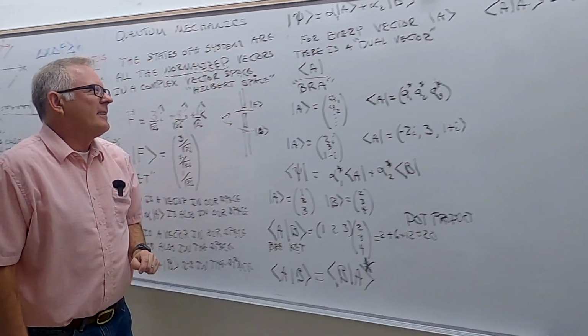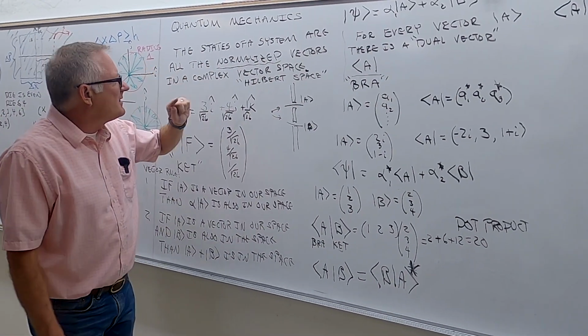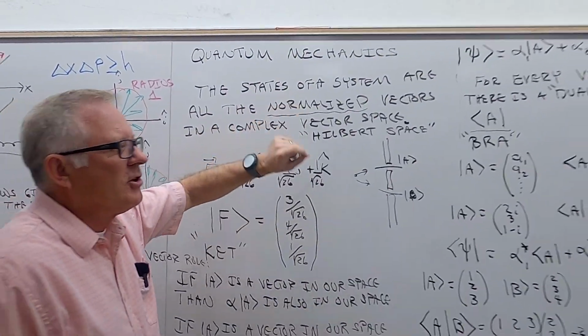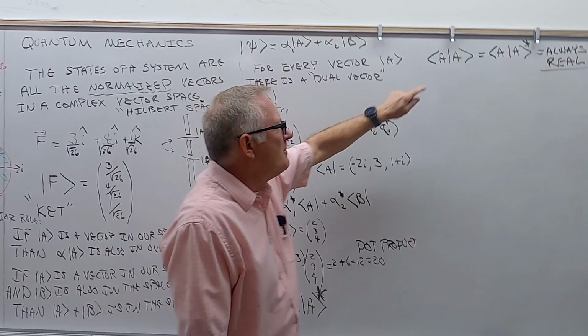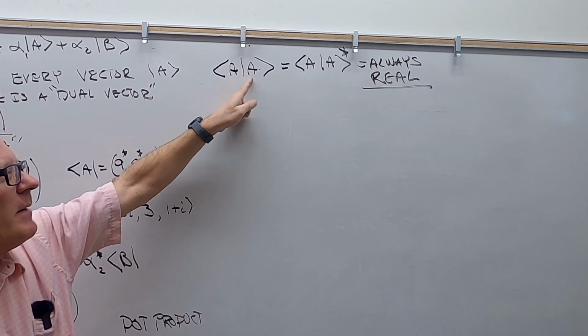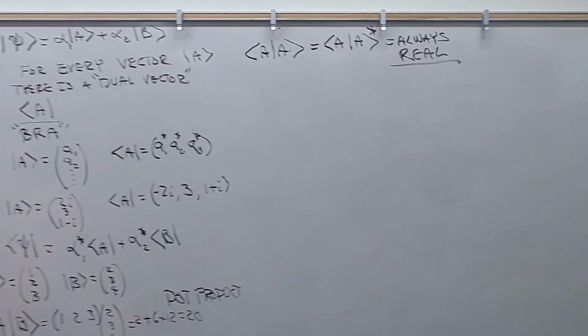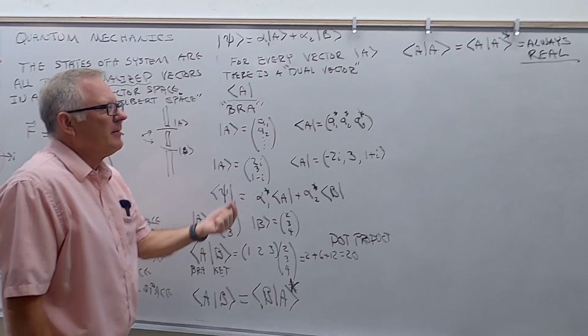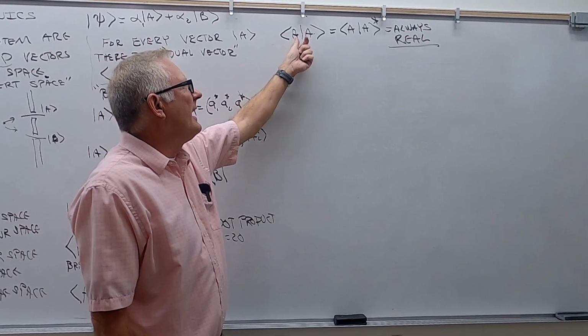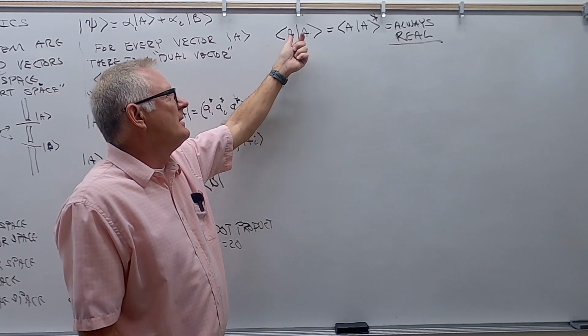Not only that, remember, all of our states are normalized vectors. So A and B both have a magnitude of 1. And remember, when you do the dot product, it's the magnitude of A, magnitude of B times the cosine of the angle between them. The angle between A and A is 0, so it's just 1.